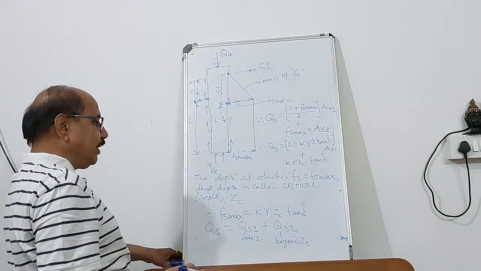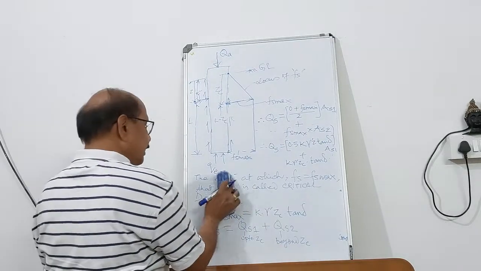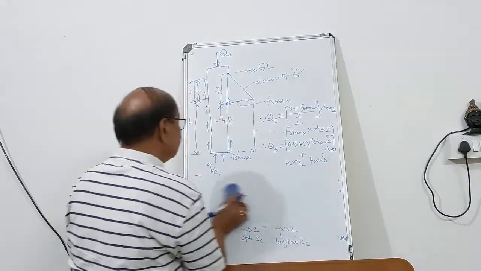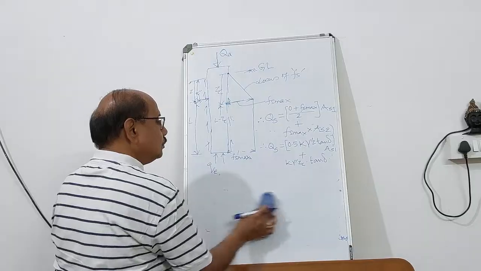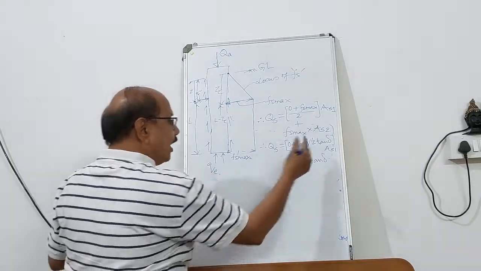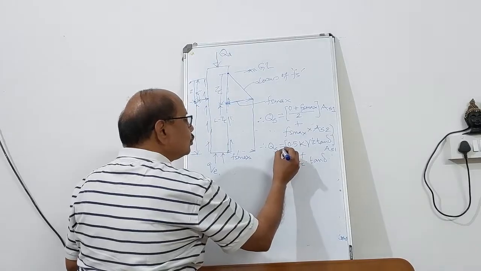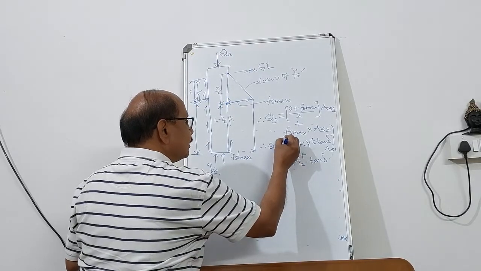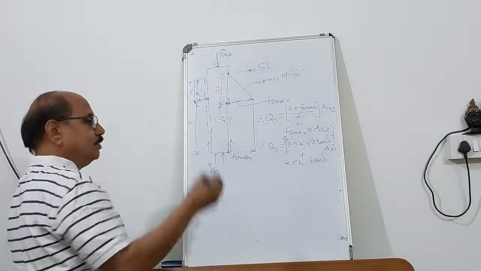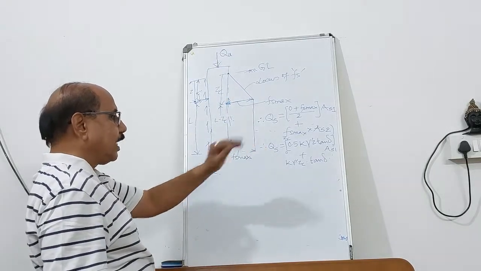So Qs can be computed very easily. So this Z value here is from 0 to Z critical, right? So you can calculate it.